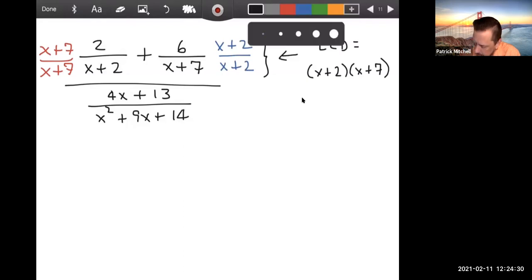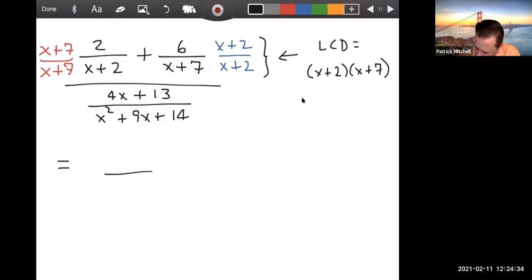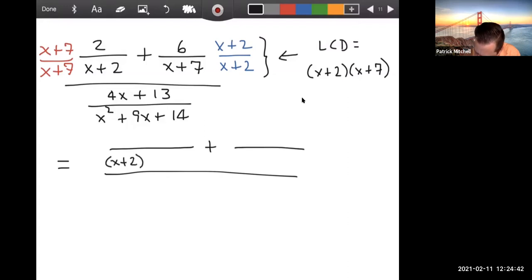All right. So that is going to give us a great big fraction where in the numerator we have two little fractions with denominator x plus 2, x plus 7. The numerator of the first little fraction is now 2 times x plus 7.